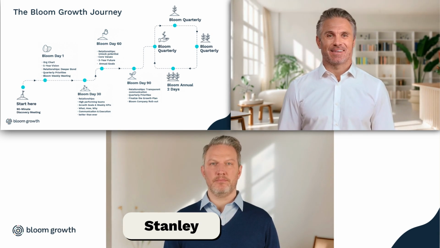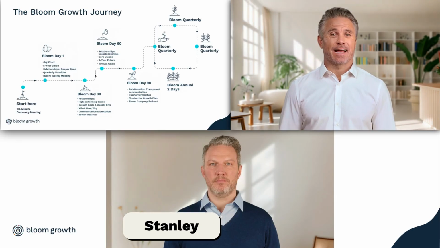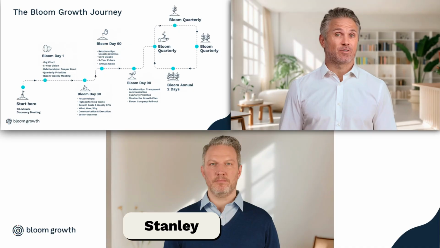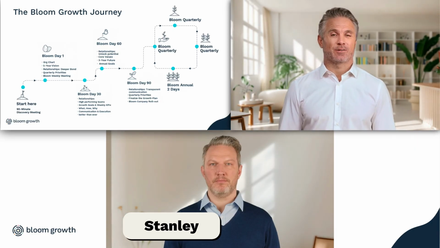Yeah. Great. This is the last slide that I have. It paints a visual picture of what the journey looks like, what it looks like to engage with me and start to use this growth system. What we're doing right now, this 90-minute discovery meeting, is represented by where it says start here. So you can see we're on the map already.